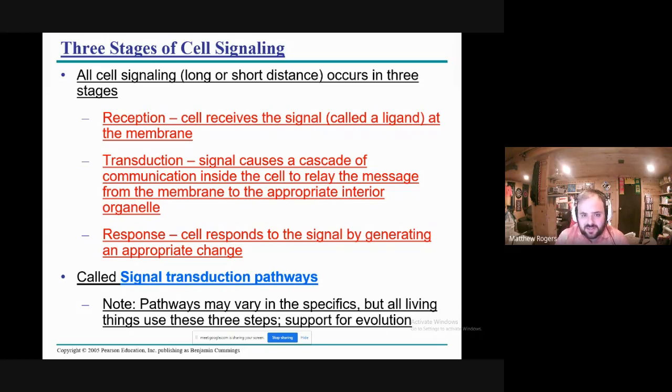And the response part of this class, we're not going to hit response a lot in the next couple of years when we talk about cells like that. And the response is going to be in the transduction pathway.